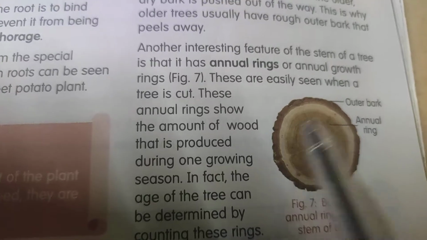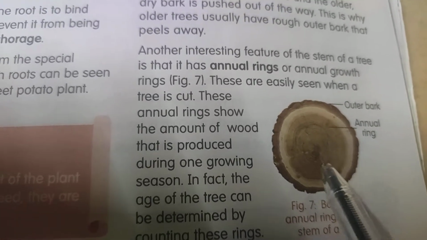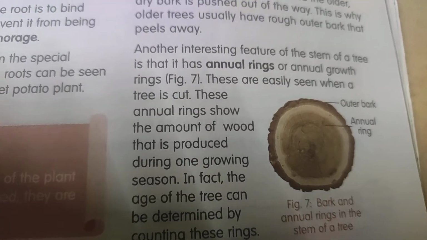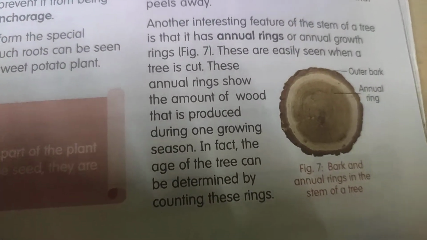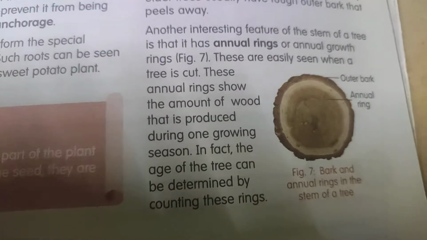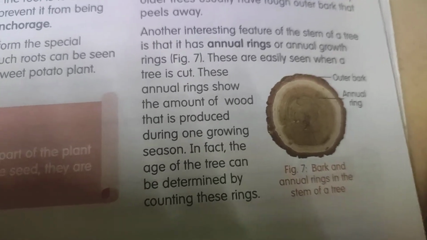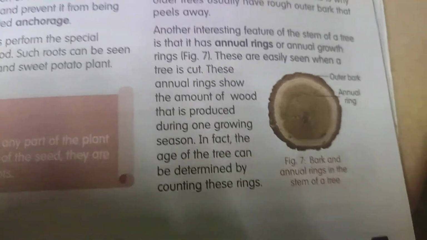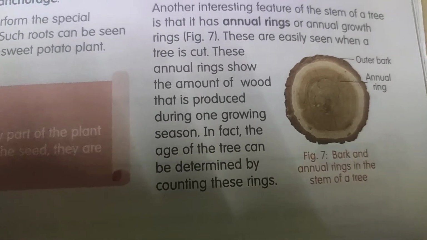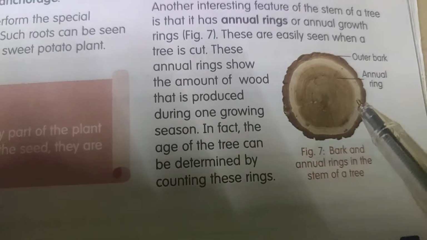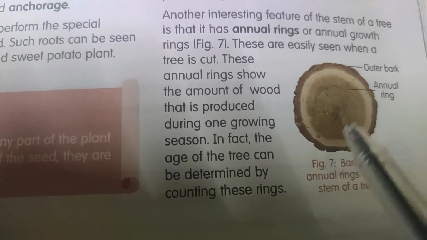The newly formed layers will have different colors. This is called an annual ring, and using this the scientists will find out the age of the tree, because this annual ring formation will vary from tree to tree. In some trees every one year a new ring will form. In some trees it is seasonal.